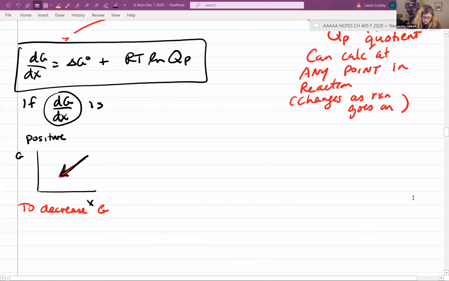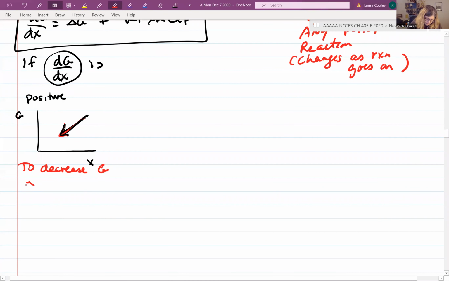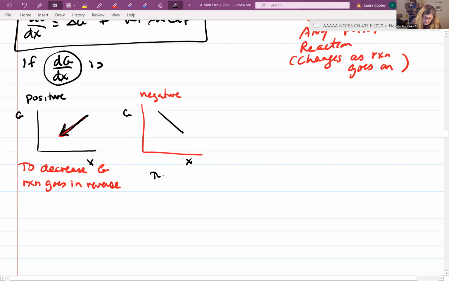So to decrease G, the reaction goes in reverse. Okay, if the slope is negative, G versus X, to decrease G, the reaction has to go forward.